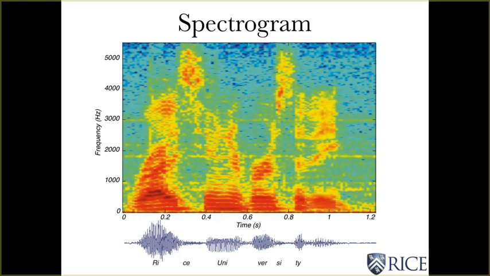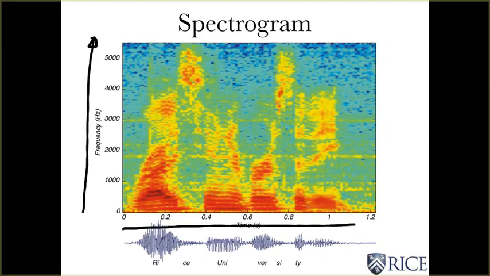And this is a special plot that plots frequency on the vertical axis, and what it's plotting at each moment in time is a spectrum as a heat map. So there's a spectrum corresponding to each column of the image here, and the amplitude of the spectrum is encoded as a color.